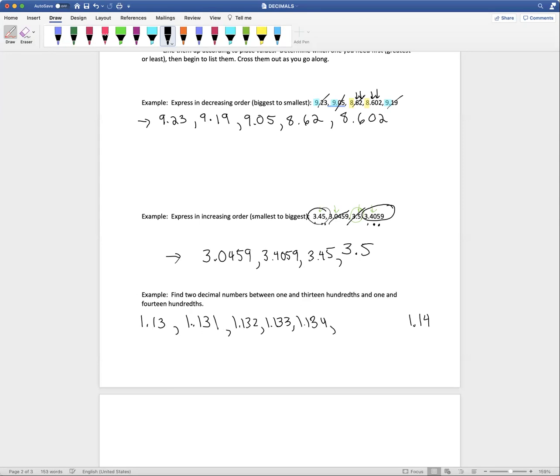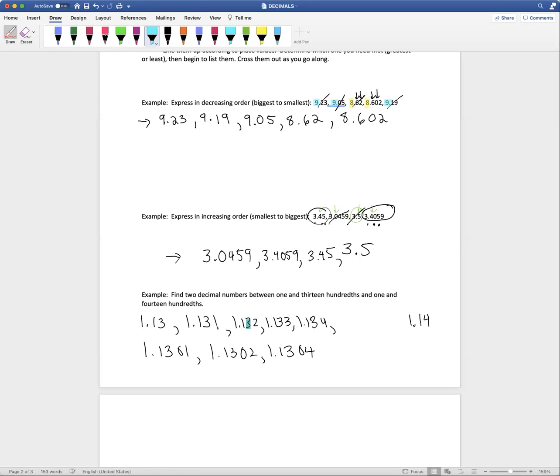That 1.13, 1.13, 1.13, or other examples, we could do 1.1301, 1.1302, 1.1304. These numbers are bigger than 1 and 13 hundredths and smaller than 1 and 14 hundredths. So you can find an infinite amount of decimal numbers that are between these 2.